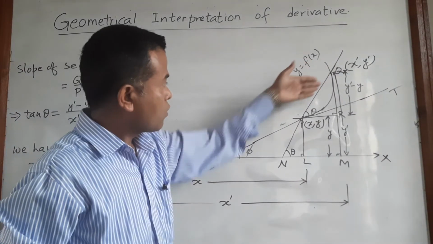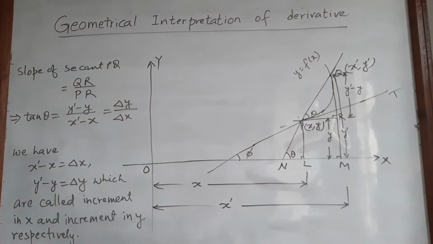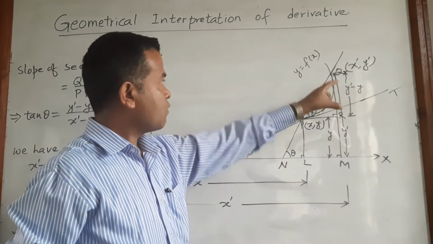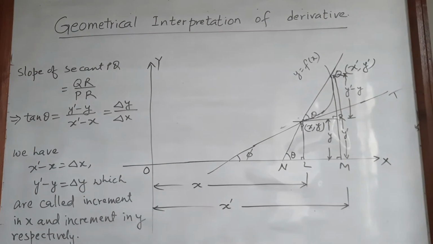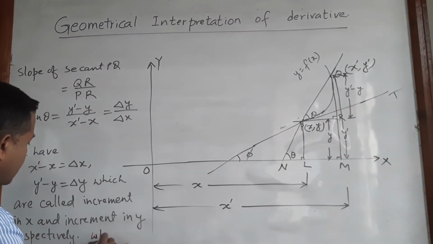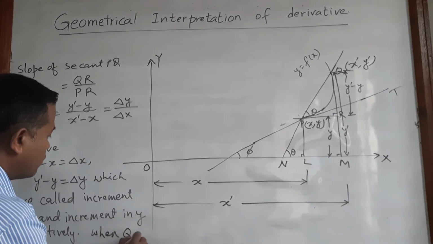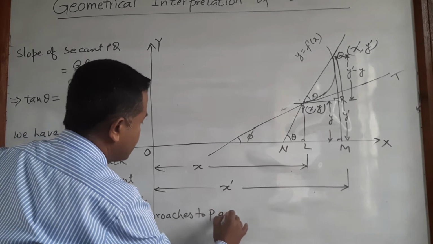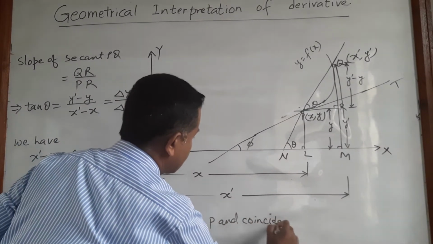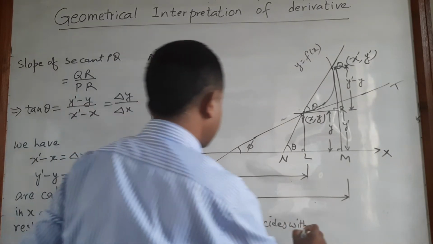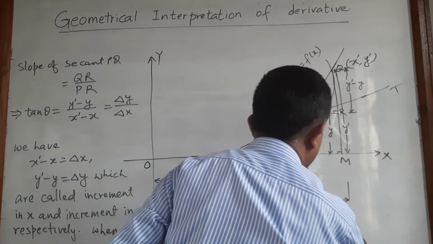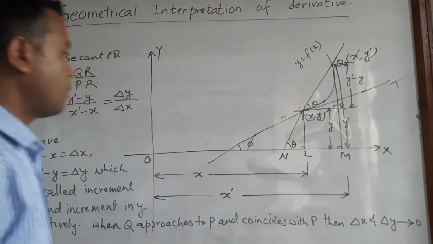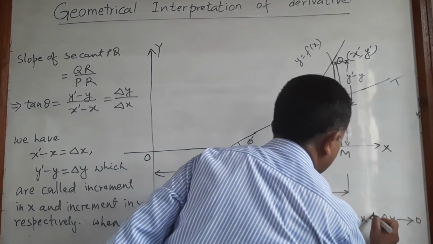When Q coincides with P, the increments del x and del y both approach 0.